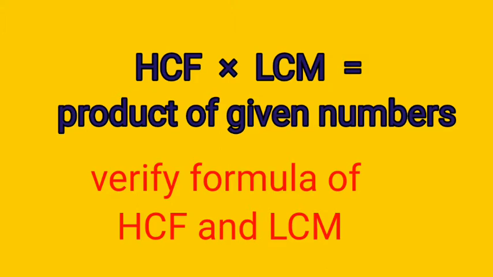Verify the formula of HCF and LCM. Formula is HCF multiplied by LCM is equal to the product of the given two numbers. Here, compare the product of the LCM and HCF with the product of the given numbers.